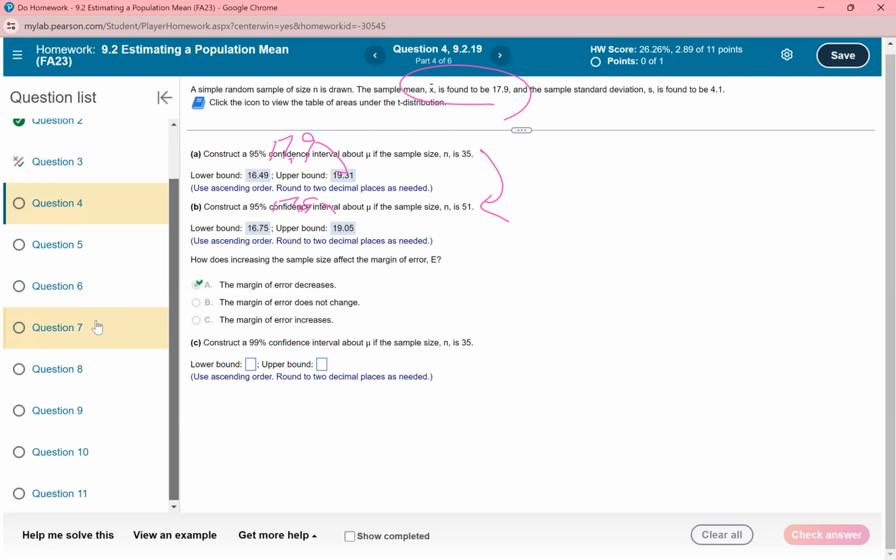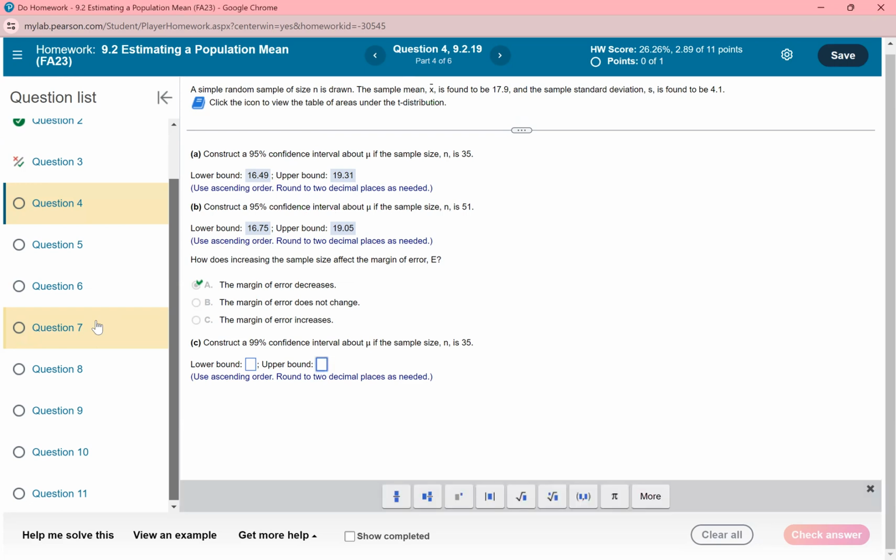Right, so now we're going to do a 99% confidence interval for a sample size of 35. So again, it's a confidence interval for a mean. So make sure you're always using those correct formulas. Confidence interval for a mu, which is a mean. All right, my x bar, 17.9 plus or minus.